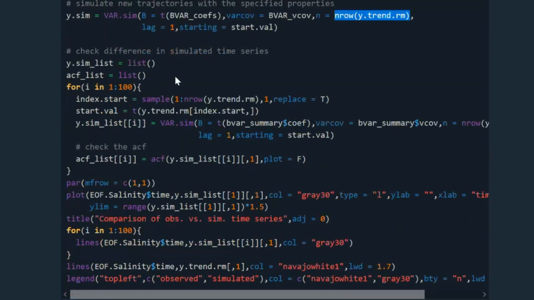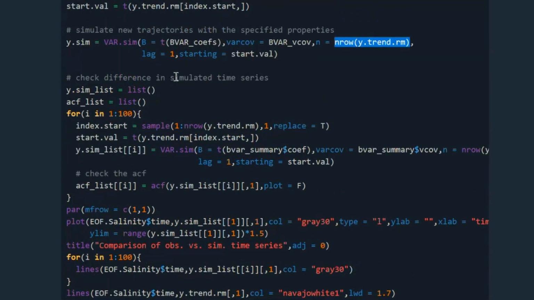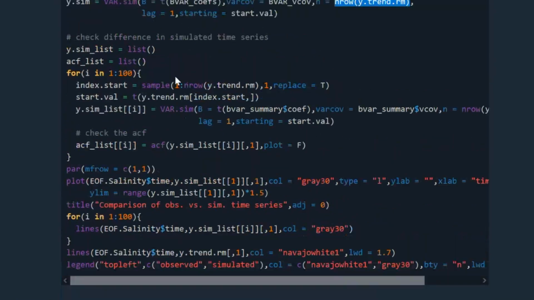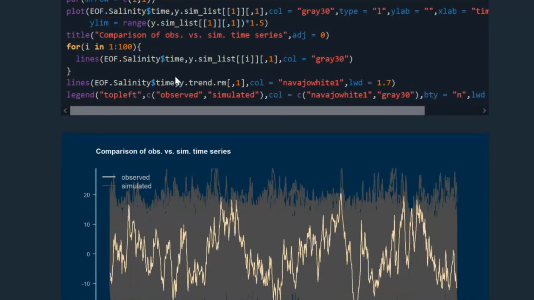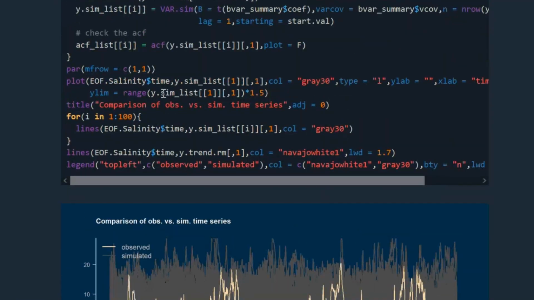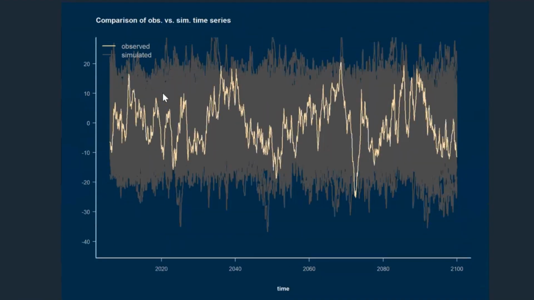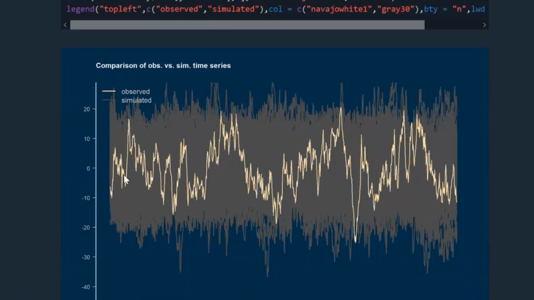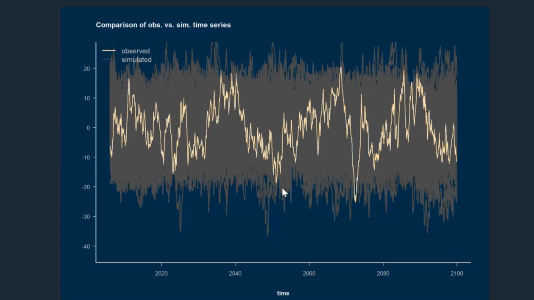And then I just run it and see how it looks. And this is for, let me check the code, it's salinity. And here you see, okay, the bounds of the simulated data are okay, and the original data is within those bounds.